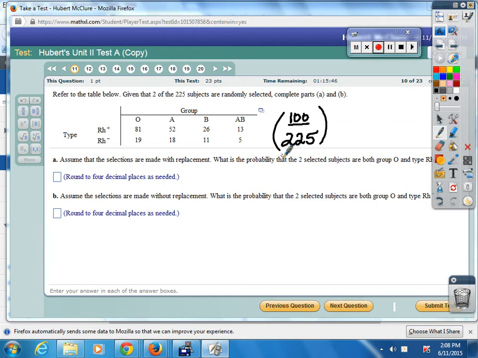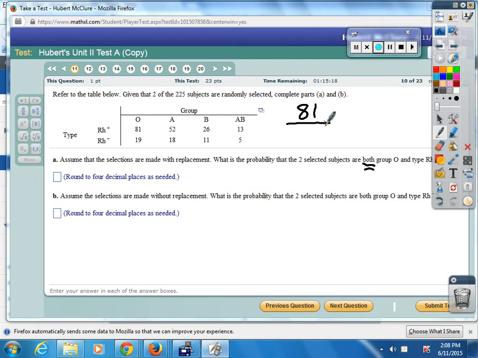But wouldn't it be, because if they're both O and RH? It says, what is the probability? Oh, both. I'm sorry. You're right, both. I was thinking and. Okay, so it would just be 81. Yeah, you're right. I was reading it as O and RH. Okay, so that would be 81 over what? 225.